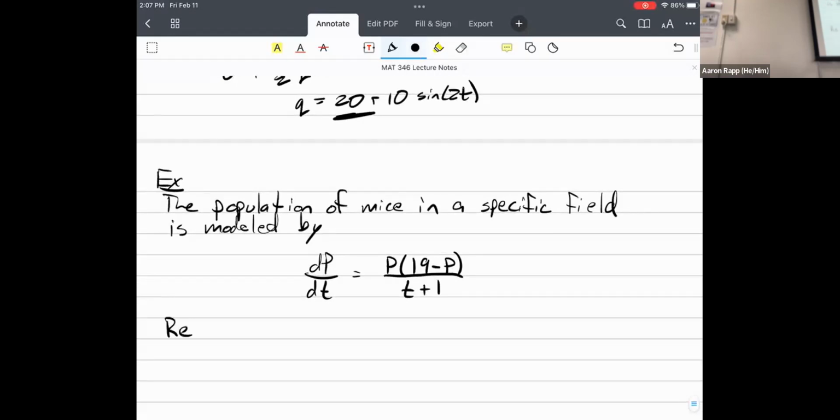We're not done with the setup. Researchers spent all day looking for mice in the field and only found, write out number, 10.